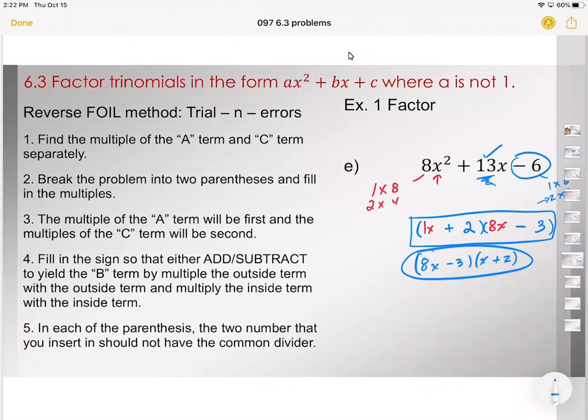If you don't like this method, you have to like the other one. If you don't like the other one, we're in trouble. You have to pick one. There's no way around it. It's either this one or the other one.